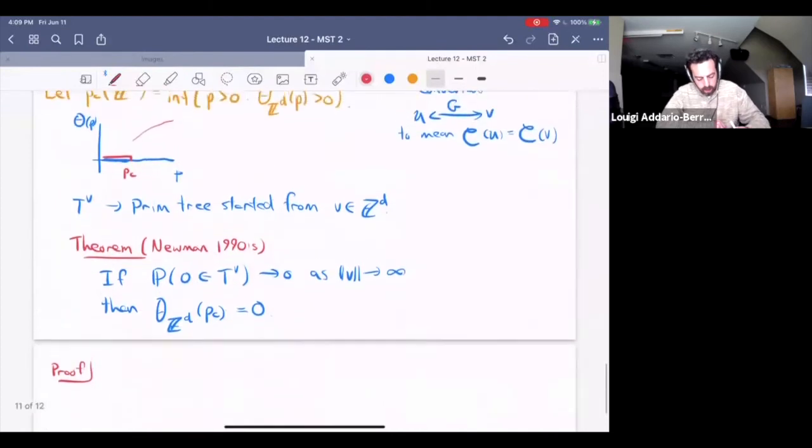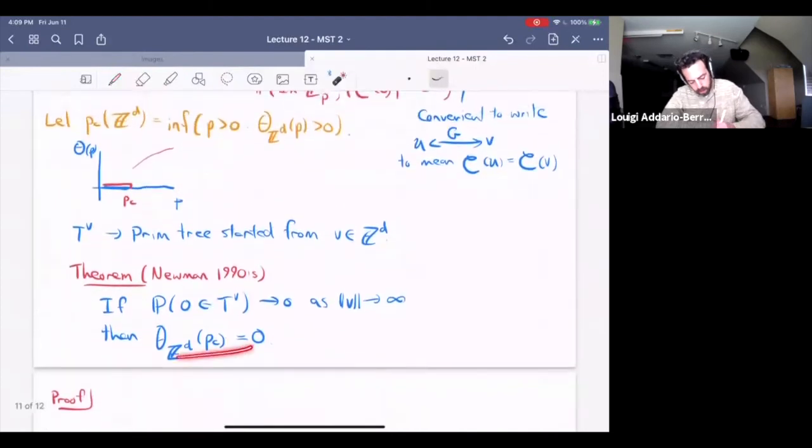Right, so the question in the chat is, is it true that it's not known whether this is equal to 0? That's correct in general. When the dimension is 2, that is known. There are special features of planarity which can be exploited to show that in 2 dimensions there's no percolation, there's no infinite component at the critical value.